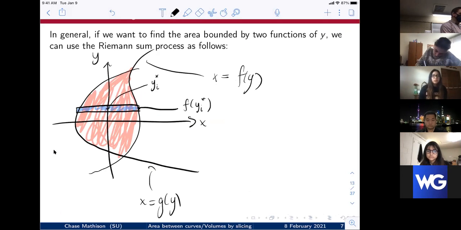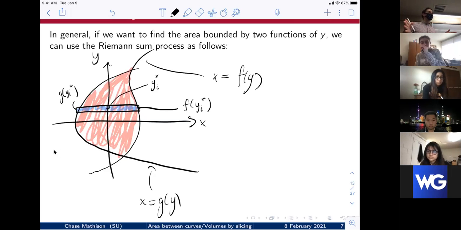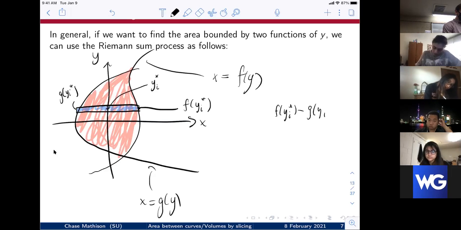Over on the left, same thing, but now it's g of yi star. So its whole width then, well, the length of any line, if you know where the right edge is and you know where the left edge is, is just right minus left, right? So its width is f of yi star minus g of yi star.